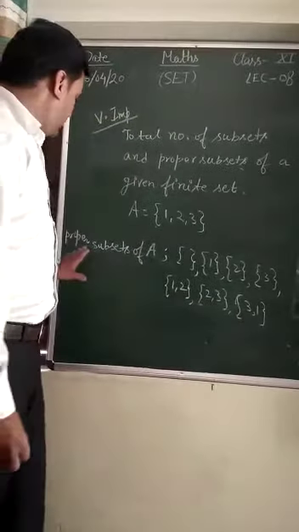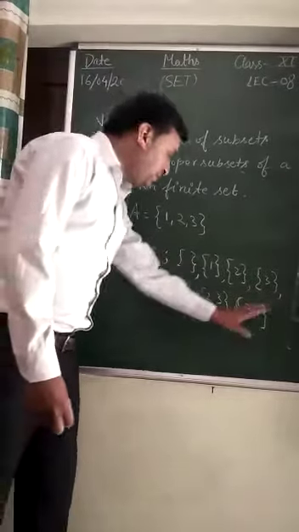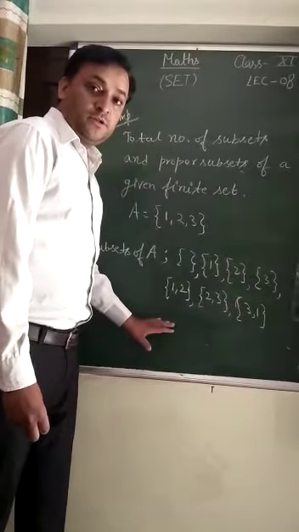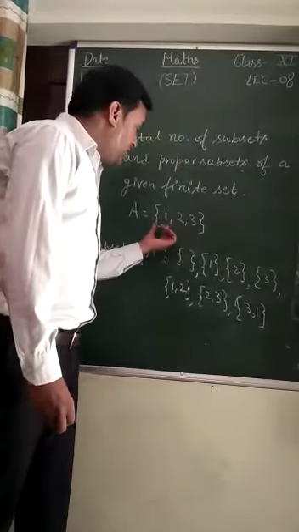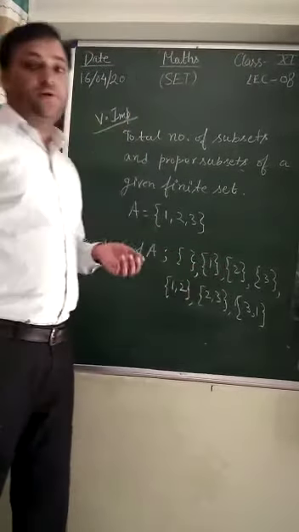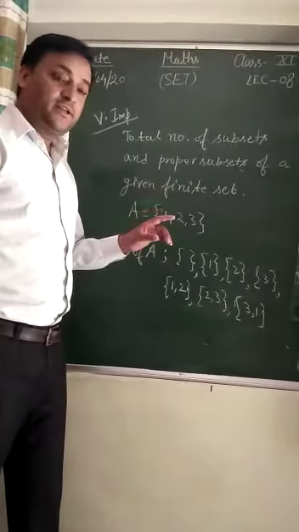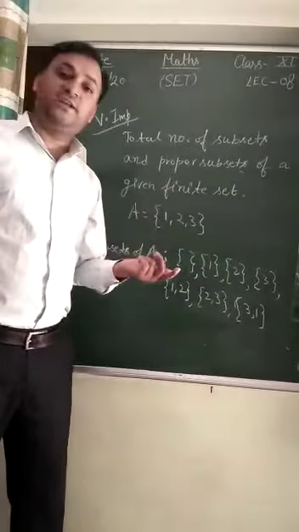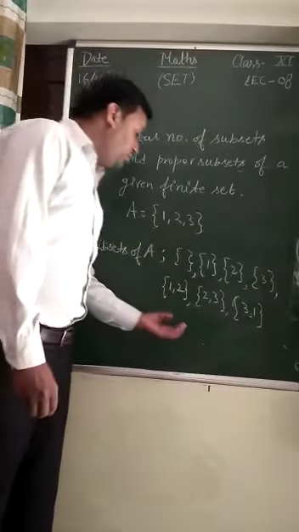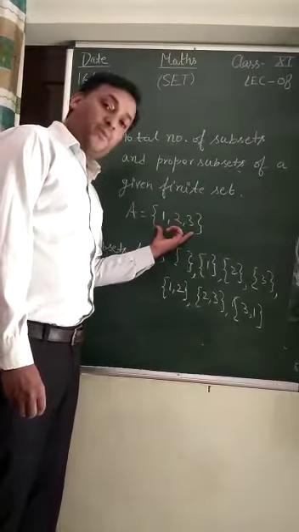Now students, how many proper subsets does A have? There are 7 proper subsets of A. We do not include the set {1, 2, 3}, because in the definition of the proper subset the property is that one set is not equal to the other set. So we cannot include this set within the proper subsets.